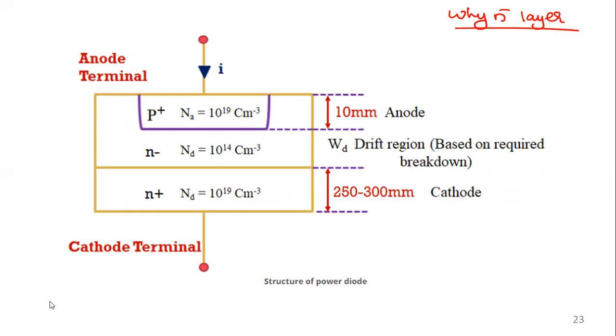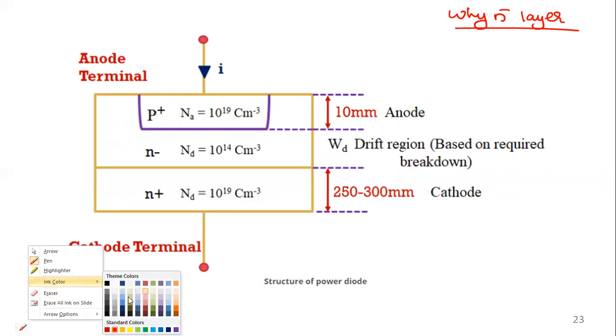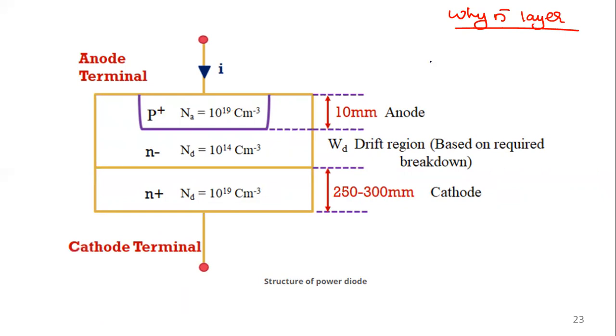First of all, the reverse voltage withstanding capacity, as I have told you. The voltage handling capacity increases if you are using an N minus layer, because it absorbs the depletion layer of the reverse biased P plus N minus junction.